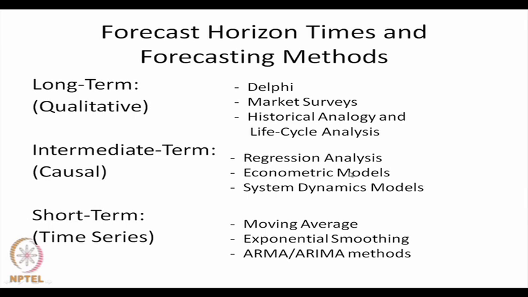Econometric models are basically generalized models of regression analysis. And there are methods useful in the short term, which constitute the various time series methods. Today, we shall discuss mostly the regression methods and the time series methods.